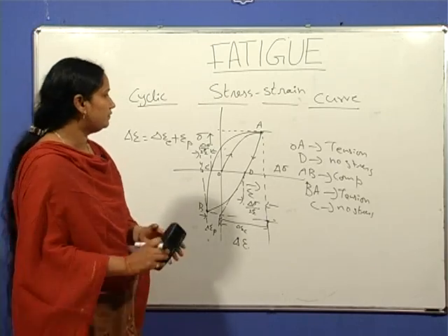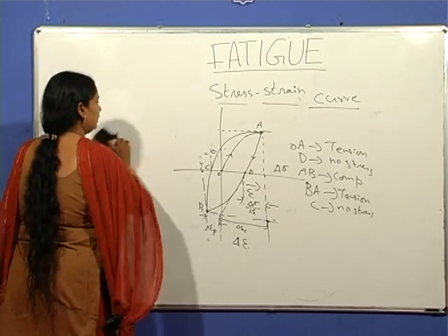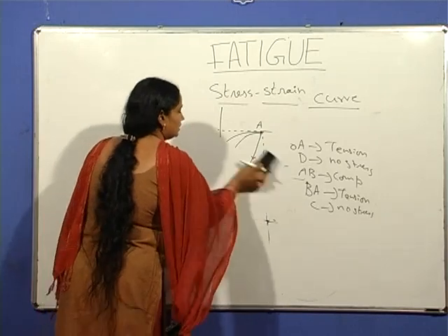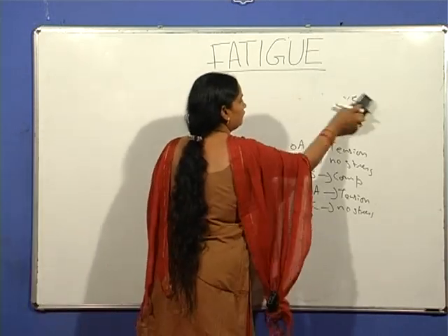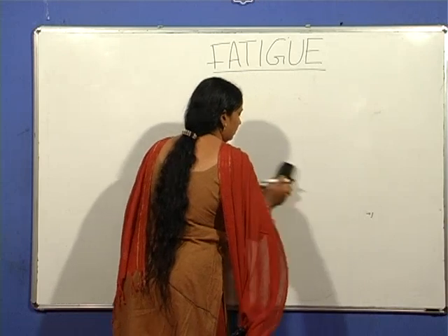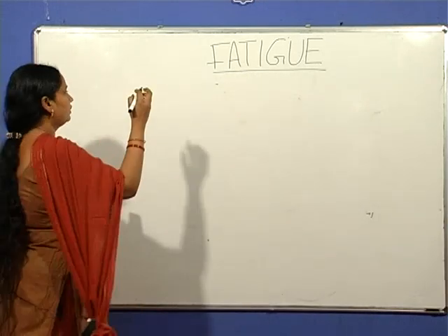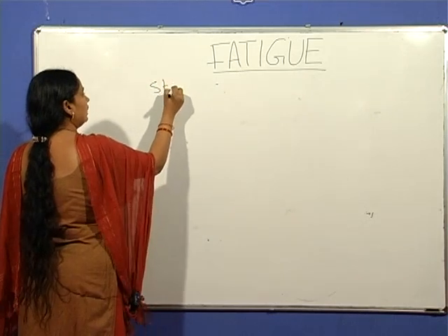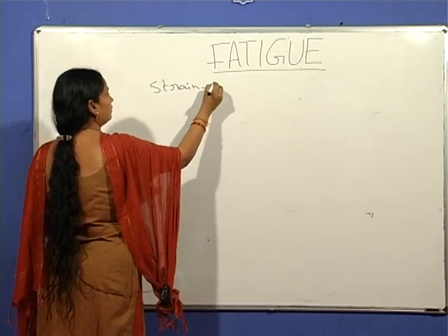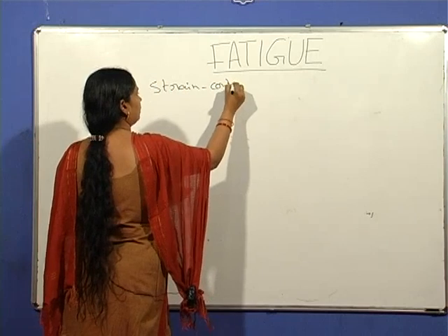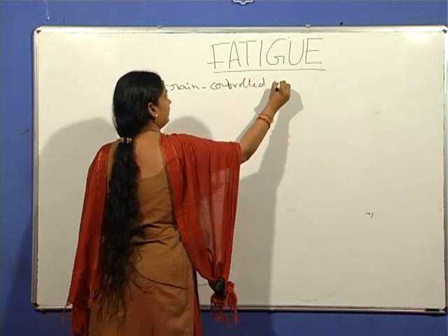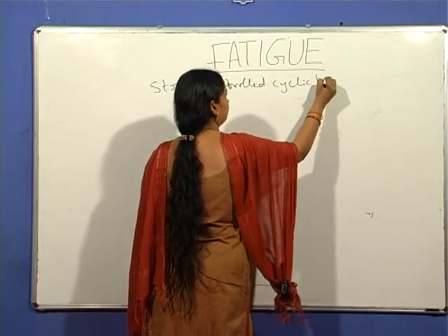So, by means of the figure you can visualize cyclic softening and cyclic hardening in the case of constant strain amplitude, that is strain controlled cyclic loading.